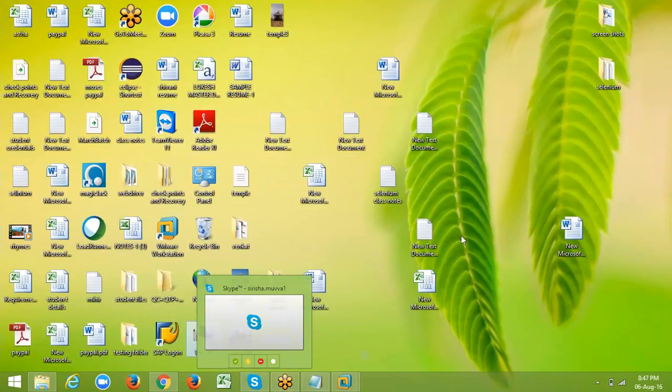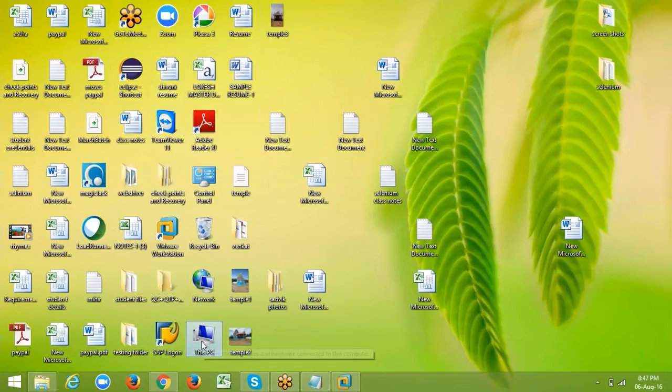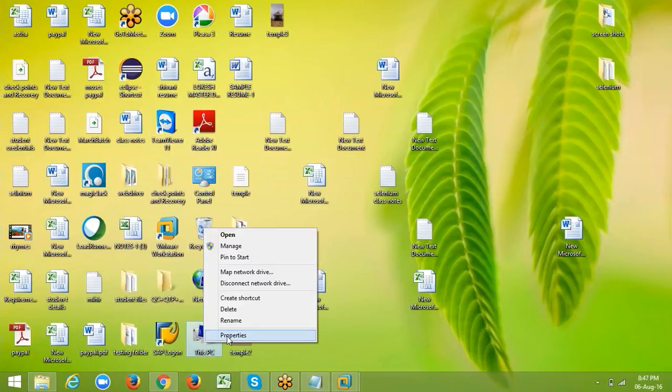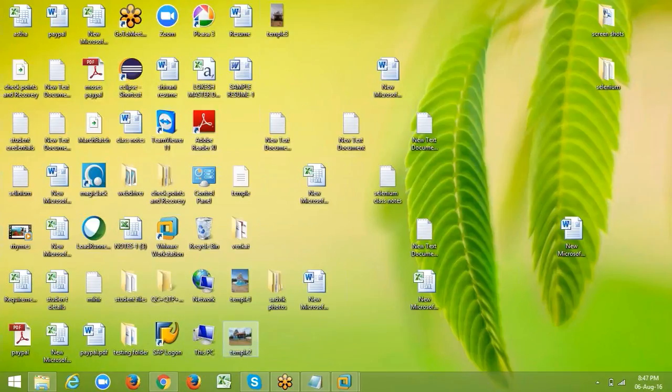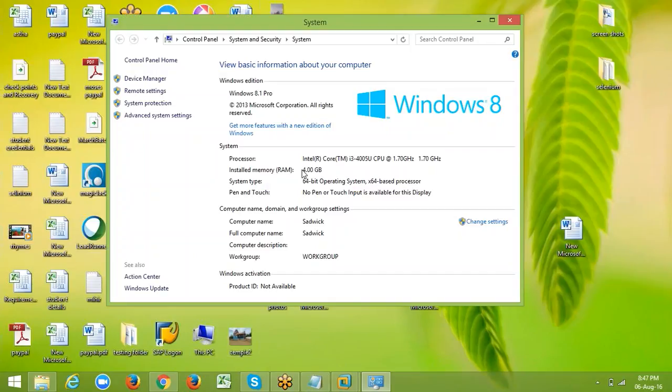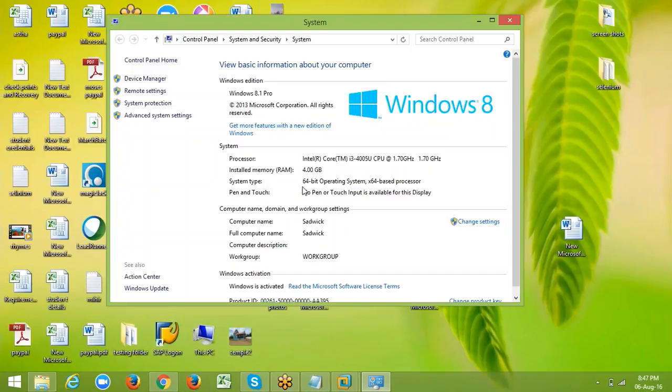So how? Observe this PC, right click, go to properties. So they are checking systems. Just observe. Windows 8.1 is the operating system. Processor is Intel Core. RAM is 4 GB. Right, operating system is 64-bit. Like that, they are going to check the system specification.